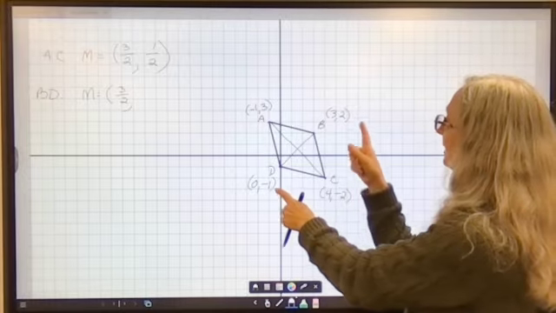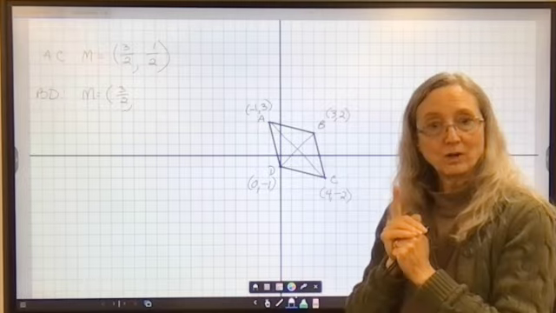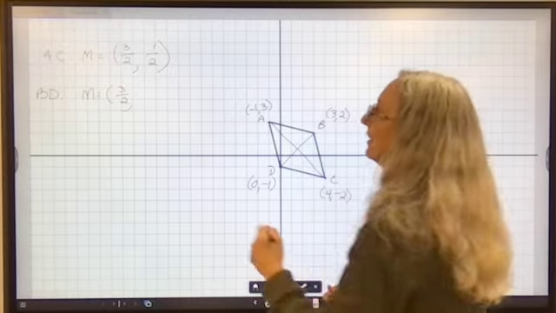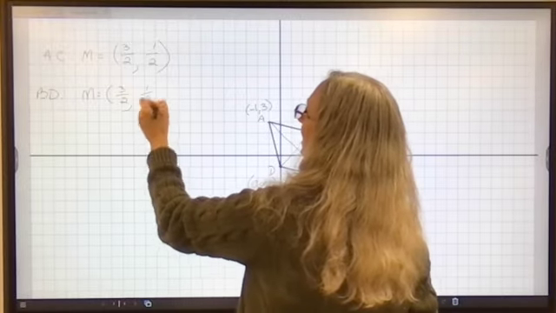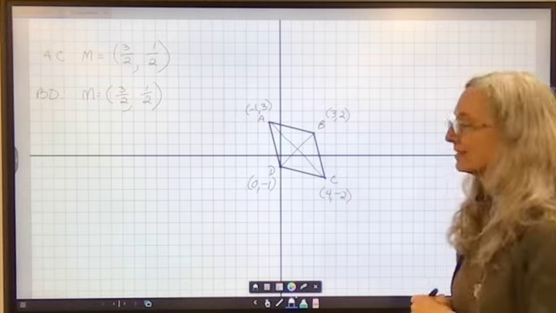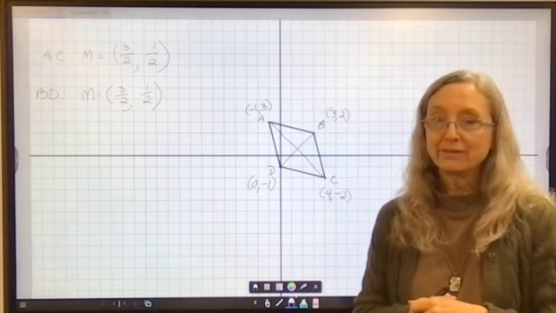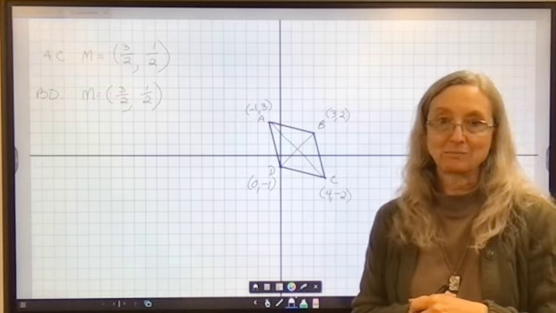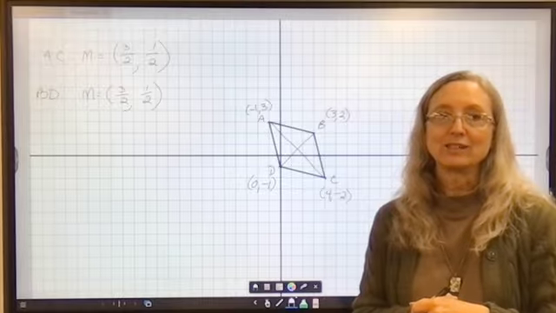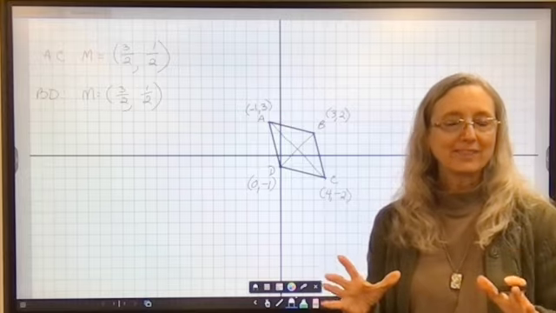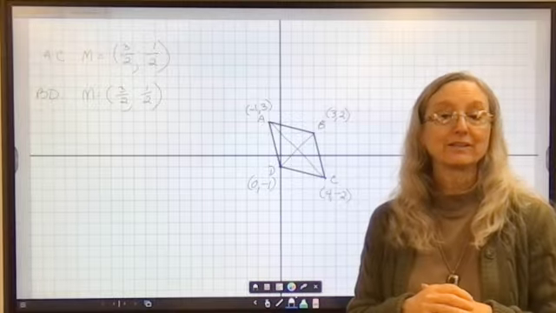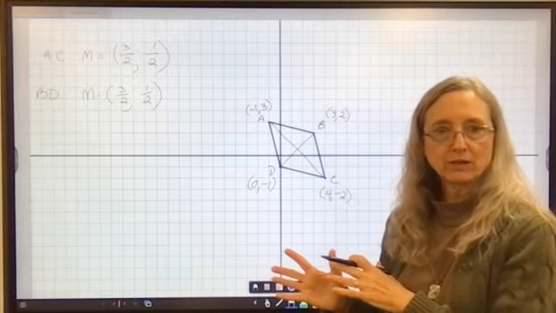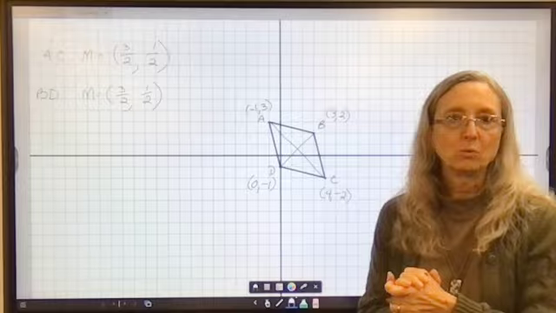I'm going to add negative 1 and 2, that's 1. Divide that in half, that's 1/2. All right, so the midpoint of both diagonals is the same. That means they do bisect each other. That means it's a parallelogram. That's great. So now we know it's a parallelogram. We just don't know what type.